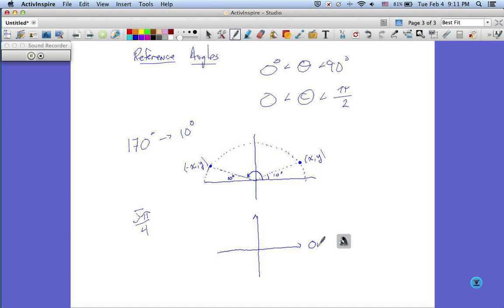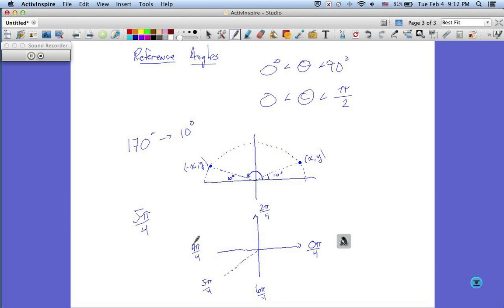This is 0 pi over 4. This is 4 pi over 4. This is 2 pi over 4. So 0, 2, 4, this is 6 pi over 4, which means 5 pi over 4 is right in here.